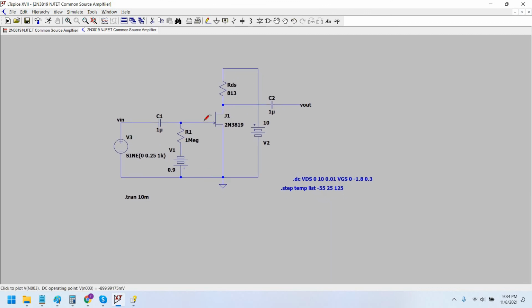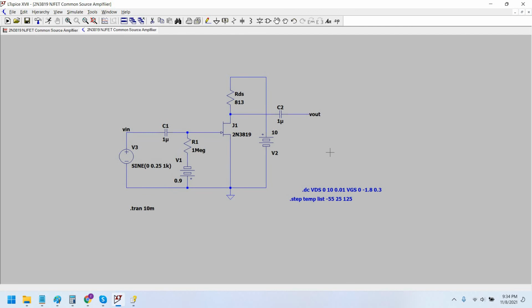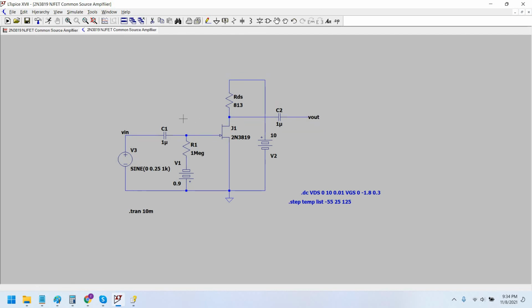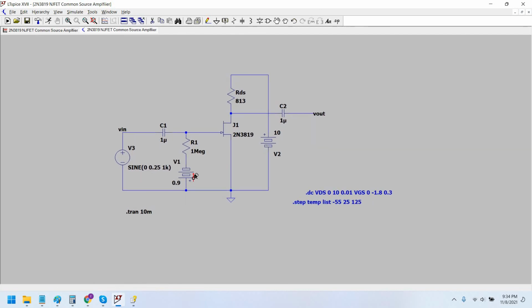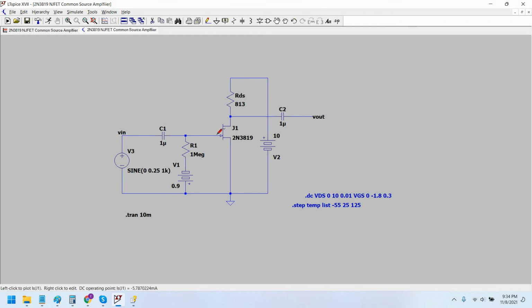Now with this circuit, we can simply remove this DC source, because in practical circuits it is not pragmatic to use a DC battery or coin cell or source. So we have to make a circuit in such a way that the transistor would be self-biased.